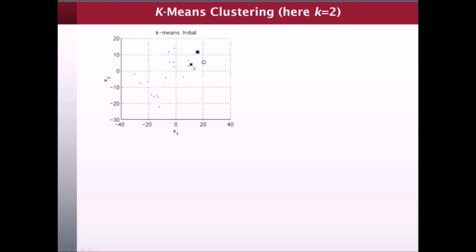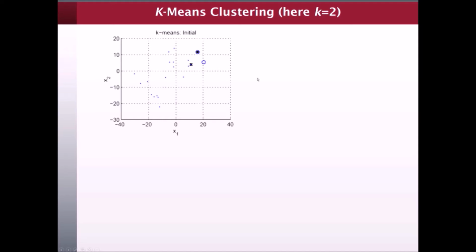So once these two points are chosen, you can see that the small dots are closest to this X and thus belong in that cluster, while these circles are closer to this X and thus are assigned to the second cluster.